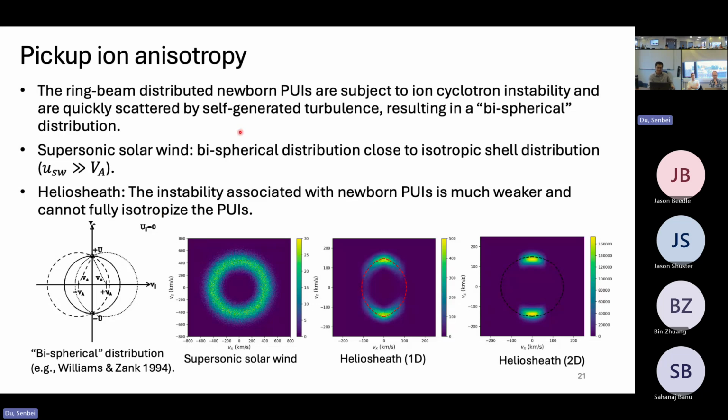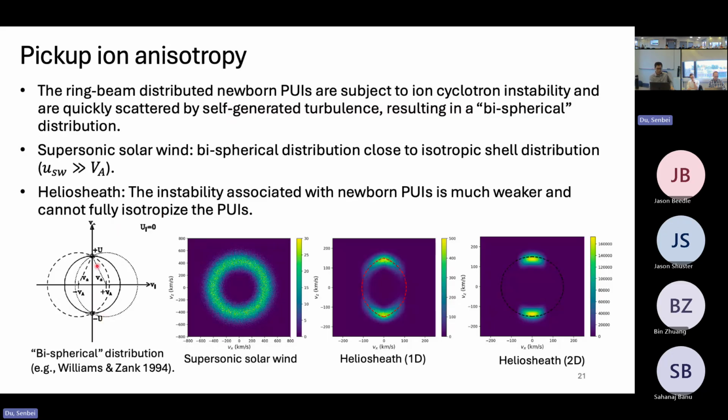So the standard theory for pickup ions is that the initially ring beam distributed pickup ions are subject to the ion cyclotron instability, and those instabilities will then scatter the pickup ions, and that causes a so-called bispherical distribution that's illustrated in the left figure.